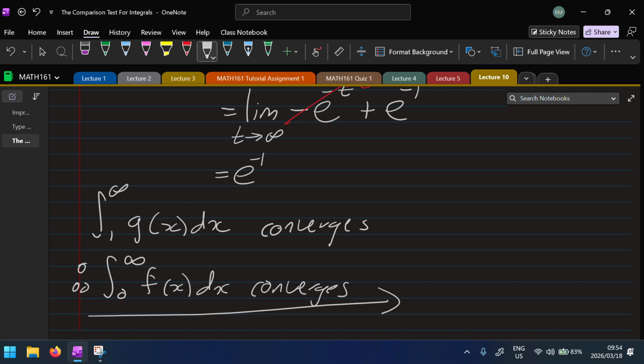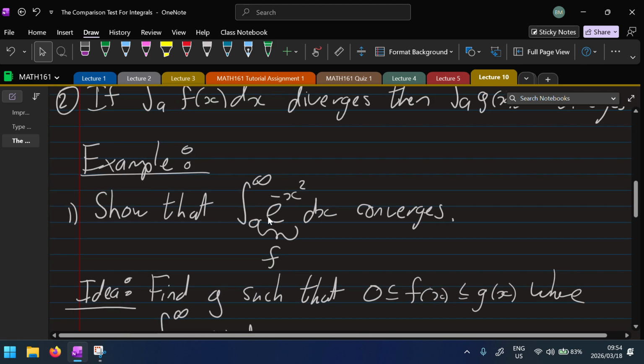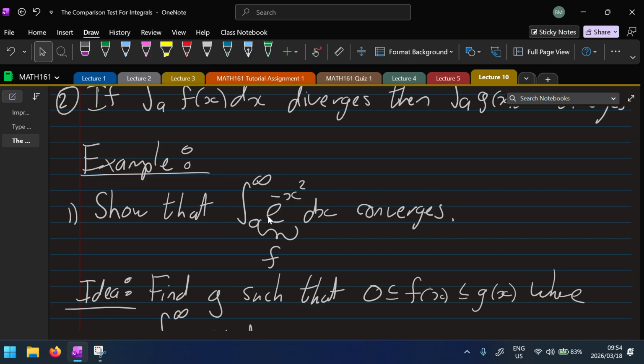And we're done. So instead of solving the more difficult problem of e to the minus x squared, we found a larger function g where that one converged. So it means this one also converges. Any questions for this one?